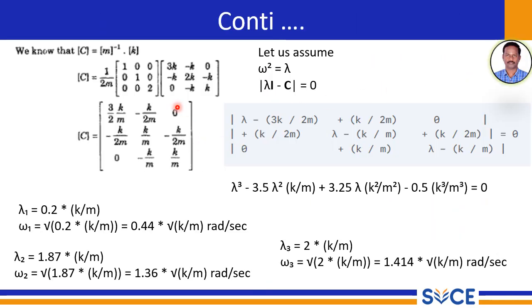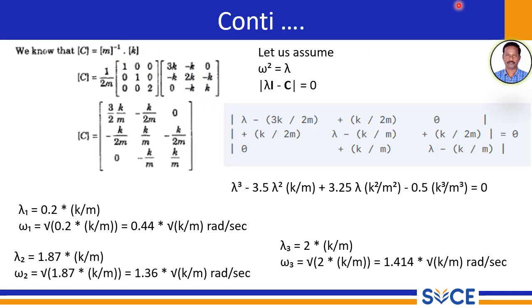Following the determination of the mass matrix and its inverse, the next crucial step in finding the natural frequency involves considering the stiffness matrix of the system. While the stiffness matrix itself isn't explicitly shown on this slide, we know that the system matrix C is related to the inverse of the mass matrix and the stiffness matrix K by the equation C equal to M inverse dot K. Hence, we will substitute the stiffness matrix here.